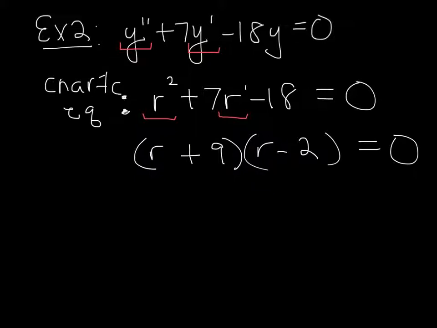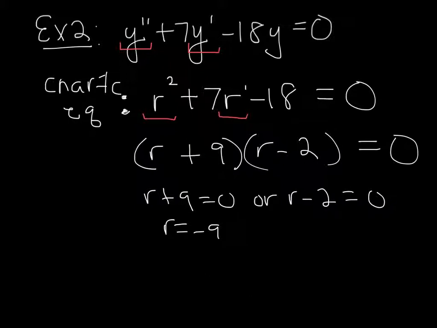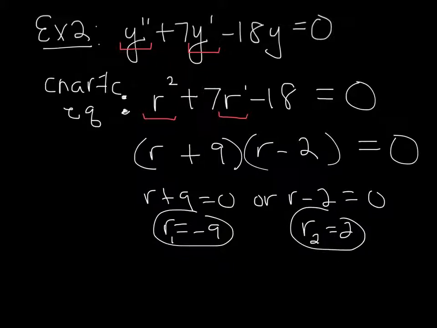So here are our two factors, and we set each factor equal to 0. These are pretty easy, because r is negative 9, so that's our first root, and our second root is 2. Obviously distinct roots, just like our last example.